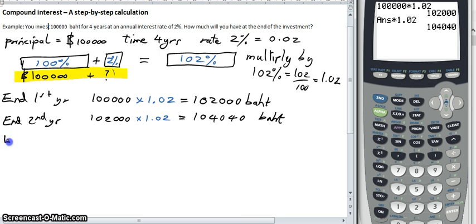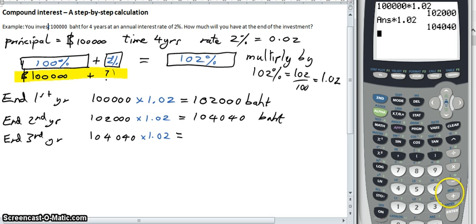So at the end of the third year, notice I'm just doing a step-by-step approach. What did I start the third year with? I started with 104,040 baht. At the end of the year, I will have increased that value by 2%, which is that multiplier again.